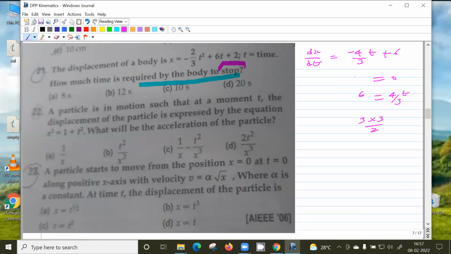Okay, the displacement of the body is this one. How much time is required to stop? They have given option B, sir. I don't know why.